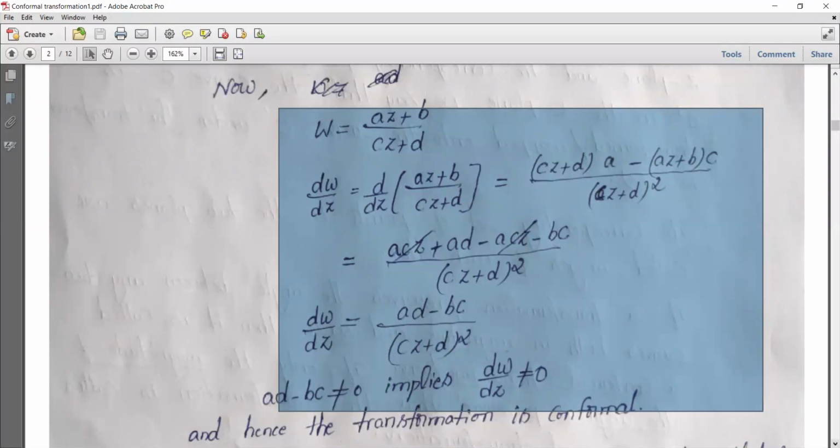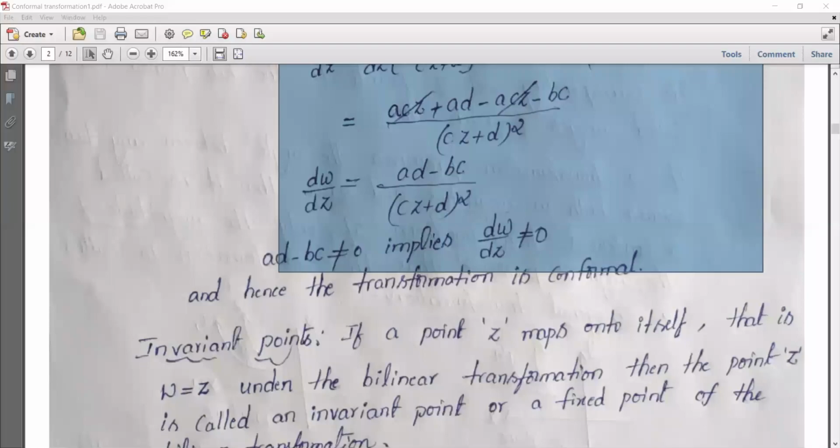In other words, AD minus BC is not equal to 0.